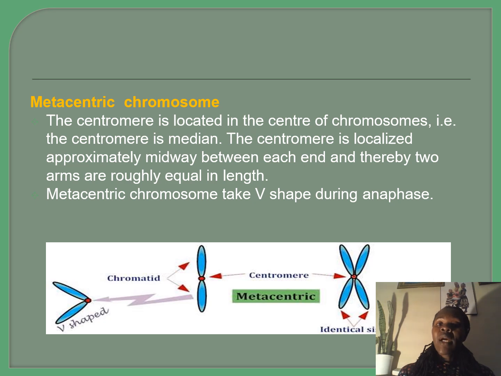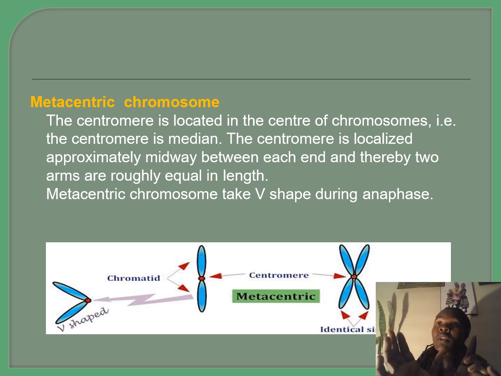So we are looking at the metacentric chromosome. In classifying the types of chromosome based on the position of the centromere, the primary constriction point, if you see the meta, the centromere will be placed in the middle, such that the long arm and the short arm are 50-50 divided.